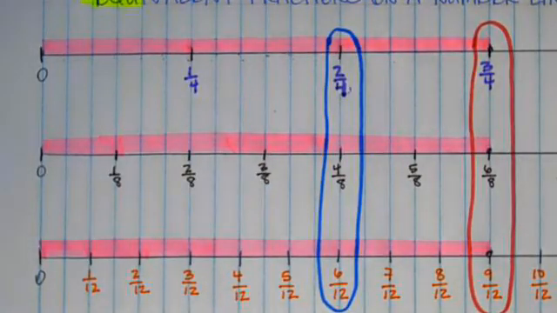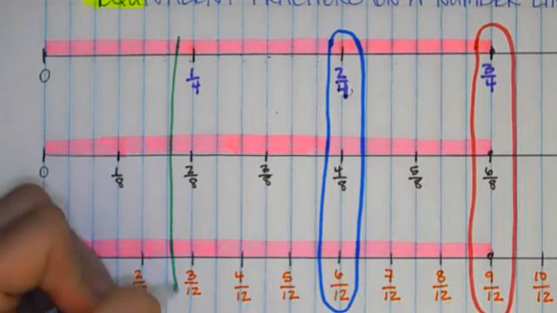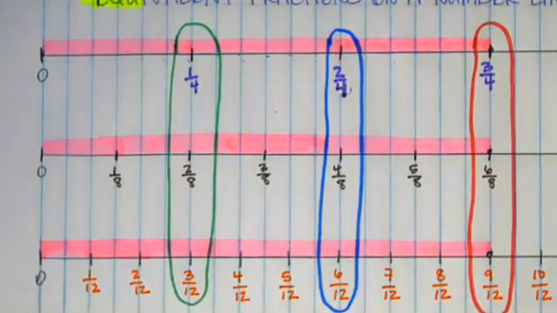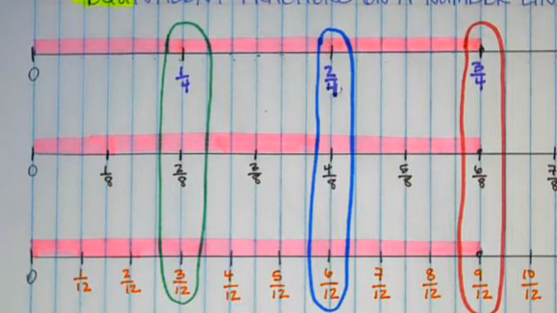And then moving on even further, I could also see that 1/4 is equivalent to 2/8 and 3/12 as well. So as you're looking at this number line, how they are lined up in order is how they are equivalent to each other. And again, you could also do this with fraction strips as well, if that is a little bit more understandable for you.